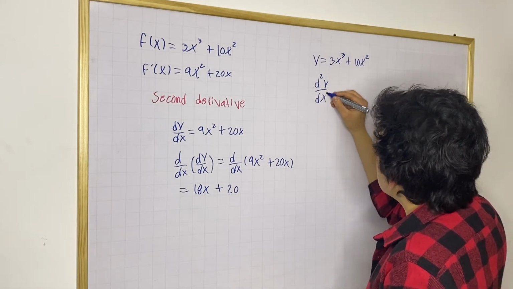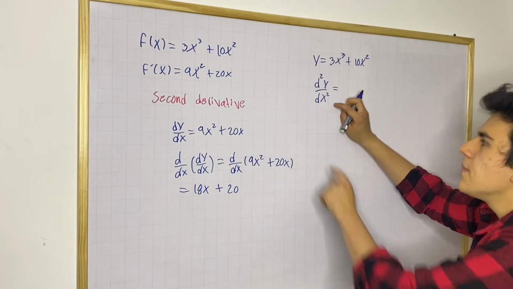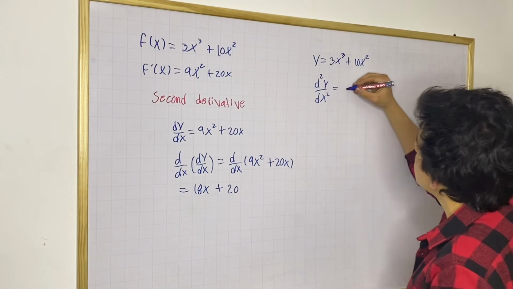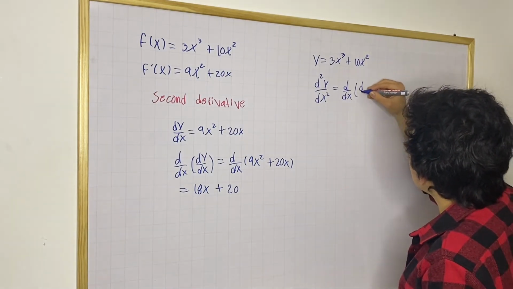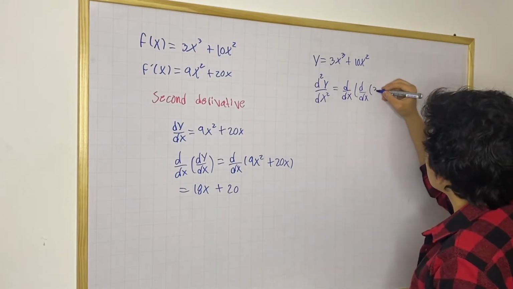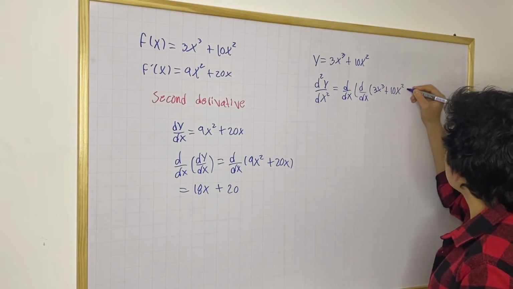Once again, just so you understand, this is going to be equal to taking the derivative twice of the function. So this is the derivative with respect to x of the derivative with respect to x of y, basically, so for 3x cubed plus 10x squared.